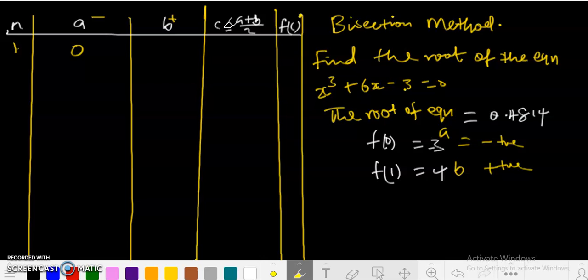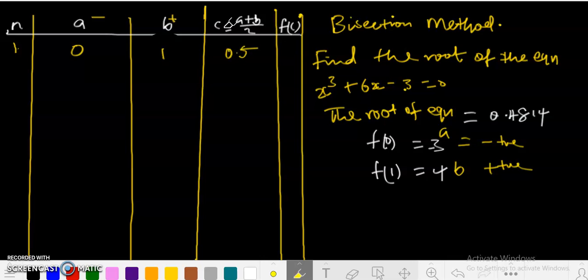Press calc. A is simply 0 and B is 1. So B is 1, and C, A plus B divided by 2, is a half, which is 0.5.